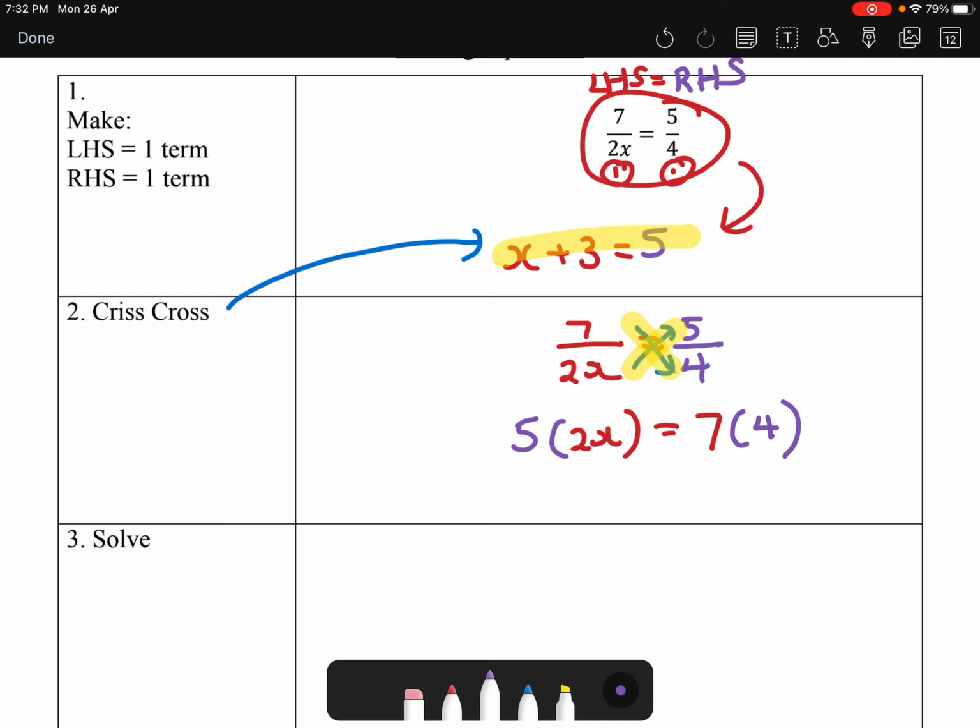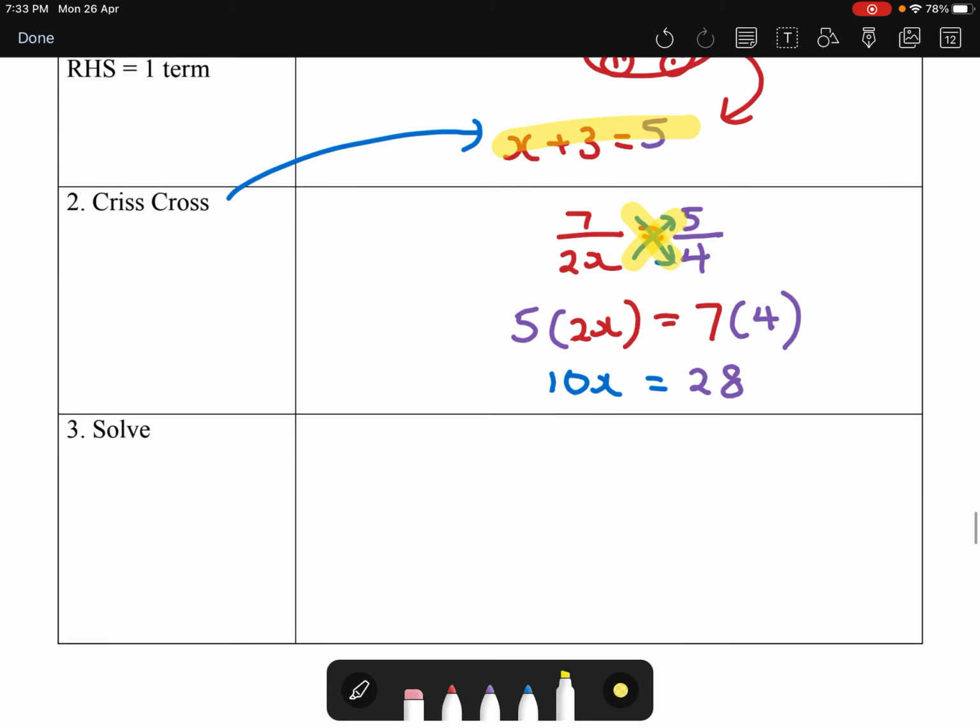Now after crisscrossing, you notice that we have no fractions anymore. Simply 5 times 2x is equal to 10x. The right hand side is 7 times 4, which equals 28. So now 10x is equal to 28.